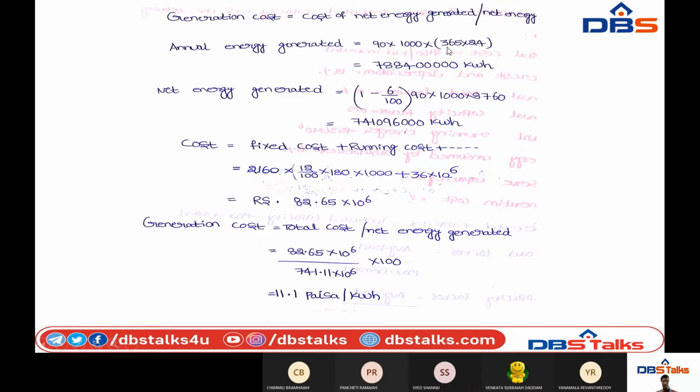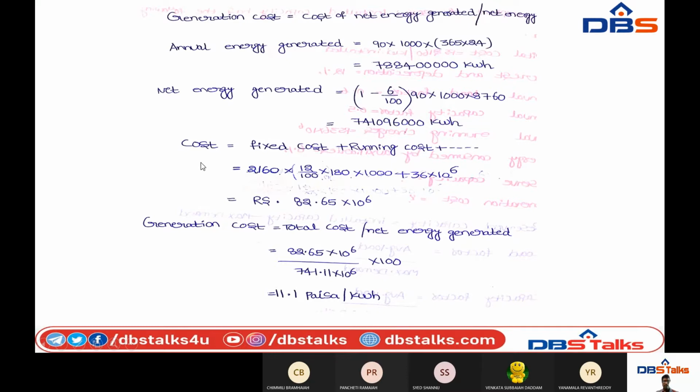We get 8760 by multiplying 365 into 24, and that gives 74 crores 10 lakhs 96,000 kilowatt hour. It is the net energy generated, 741.11.